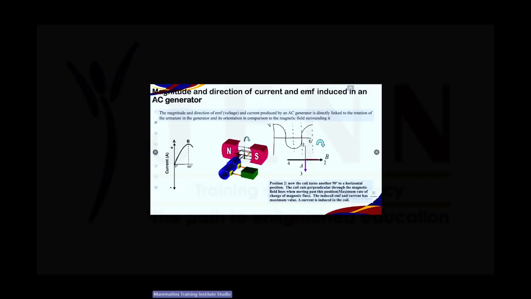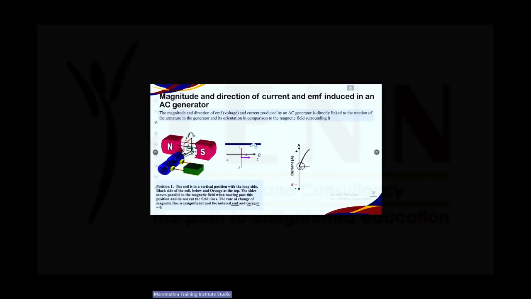So please ensure that when you practice your graphs, you are able to draw the graphs from any position that your coil is at. So when it is at a maximum position or at a minimum position, you need to be able to draw all of them.